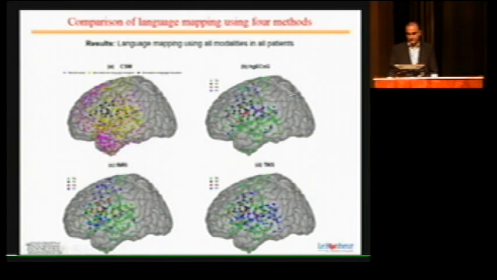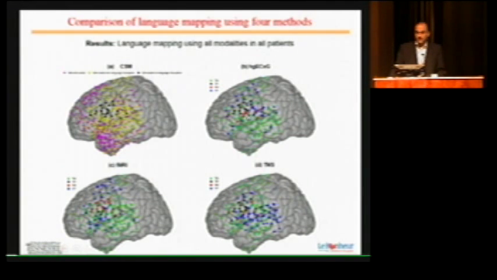So in this subplot, the language mapping of high gamma ECoG is compared with the CSM. Again, I considered CSM as a gold standard. The black dots here are the true positive electrodes, meaning those are the electrodes identified by both high gamma ECoG and CSM. The red ones are false negative electrodes, meaning that these electrodes were stimulated during the CSM and they had a language deficit, so they were identified as a language area by the CSM.